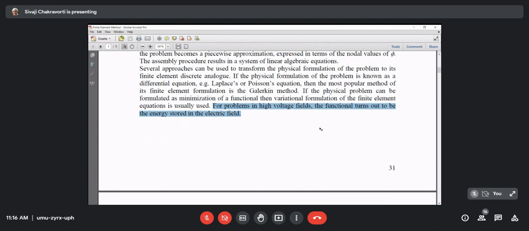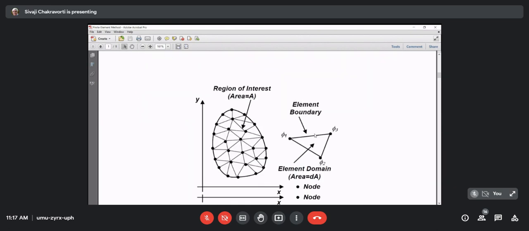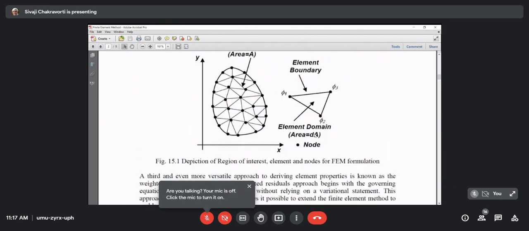And therefore, when we say that our functional is energy stored, then we try to minimize this functional and solve it for the FEM formulation, and then we call it a variational approach for FEM. So, what we will explain today is what is called the variational approach.